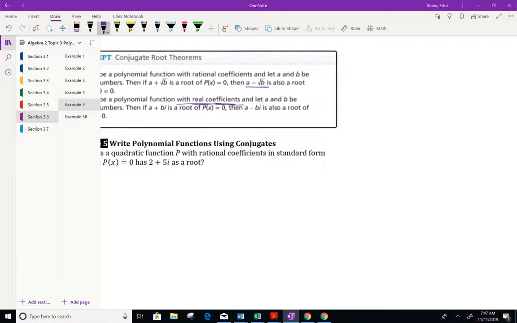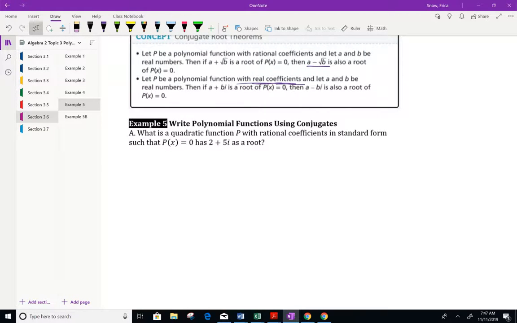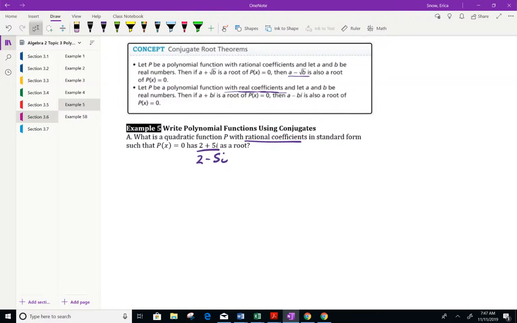So let's see how that looks in practice. It says that if you have a quadratic with rational coefficients in standard form, such that it has this as a root, then that means that if 2 plus 5i is a root, 2 minus 5i must also be a root of the polynomial.